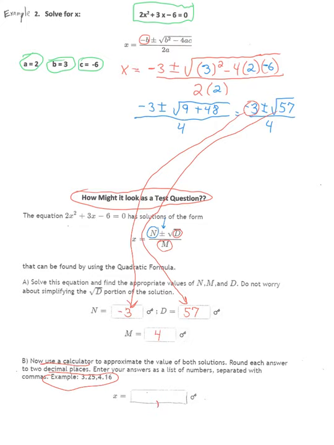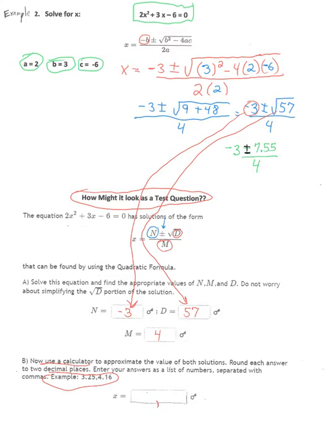We'll go to green. We're going to work this problem now and get those two decimals. So we're going to have -3 plus or minus the square root of 57, right? That turns out to be 7.55, over 4. So we're going to have two answers now. I'm going to split that plus and minus sign out into two separate answers, and I'll use the black marker.